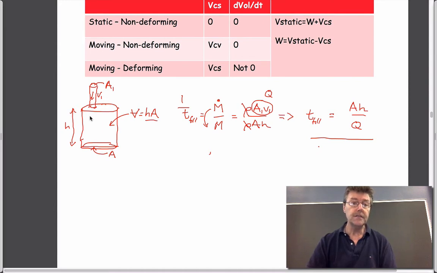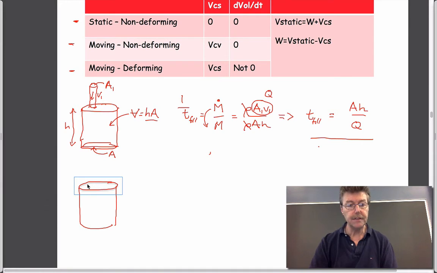So what we're going to do today is talk about each of these ways of conserving mass, and we'll use this very simple analog of the filling beaker to do that. But the analog we need to use is slightly different.